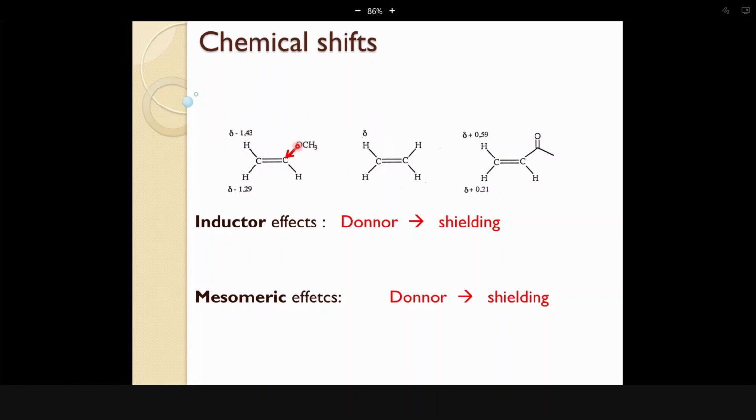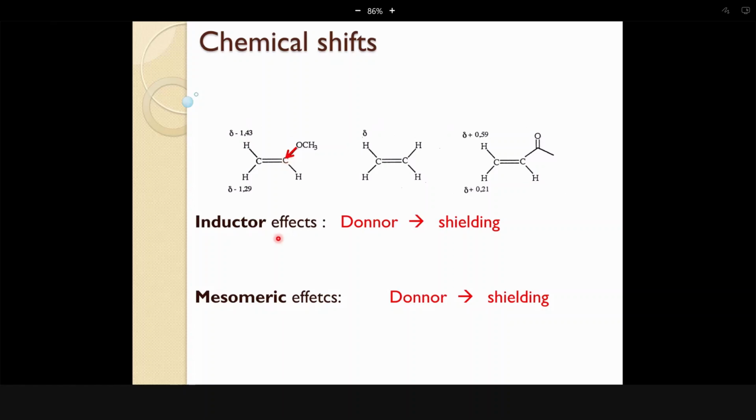Remember, the oxygen has three doublets of electrons here. And as these doublets are conjugated to the double bond, then we have a donor effect, an inductor effect, because the carbon is less electronegative than the oxygen.